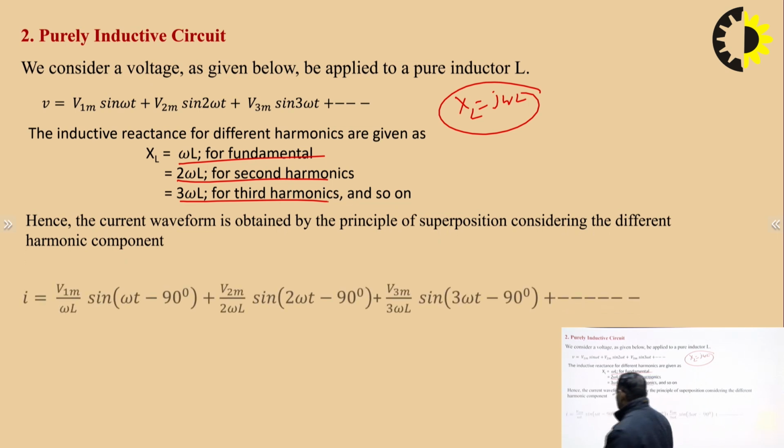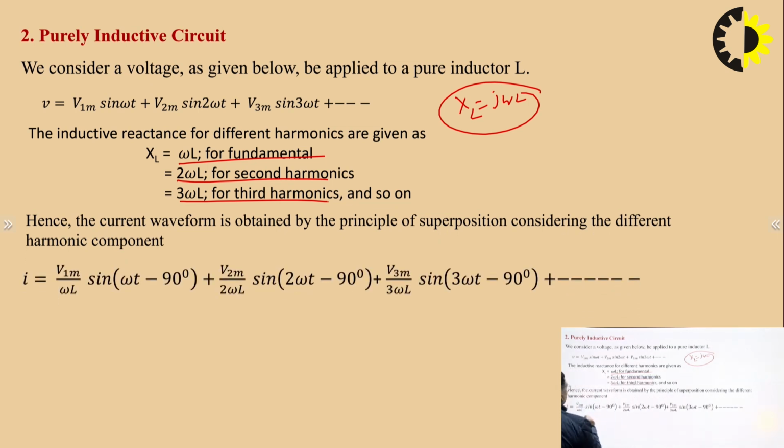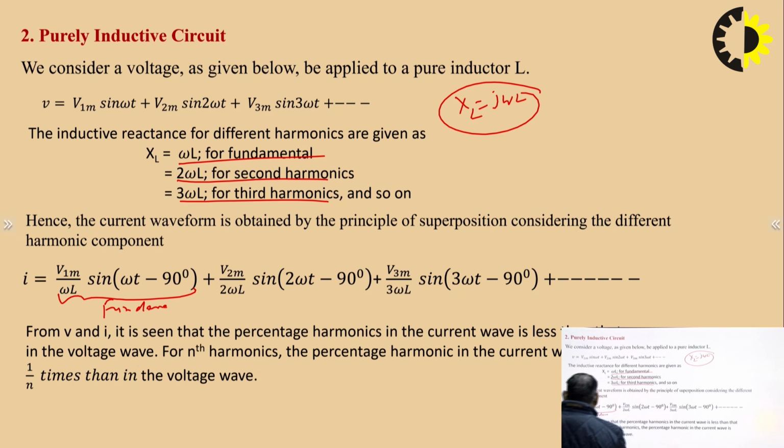We can see here, this is your fundamental, this is the second harmonic, third harmonic. Because XL is changing: omega L, twice omega L, 3 omega L, and this is the angle.